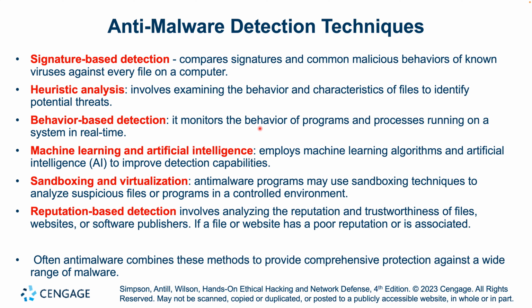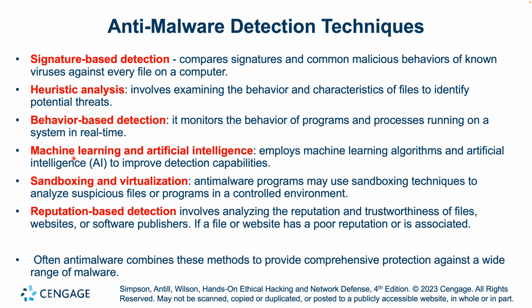It looks for suspicious activities or action that are typical of malware, such as attempting to modify system files, accessing sensitive information, or even communicating with malicious servers. See, the behavior-based detection can help identify new or unknown malware strains that may not have established signature yet.